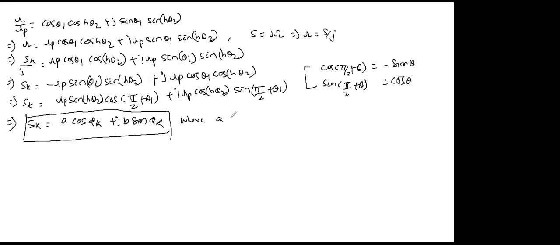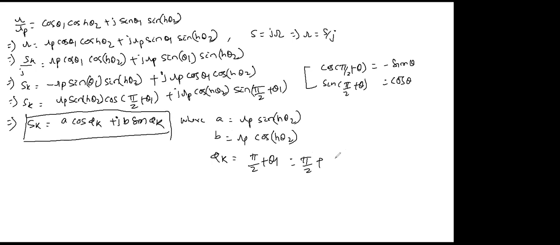Where a equals to omega p sin hyperbolic theta 2 and b is omega p cos hyperbolic theta 2. And what is phi k? Phi k is pi by 2 plus theta 1. What is theta 1? Theta 1 is 2k minus 1 pi by 2n.